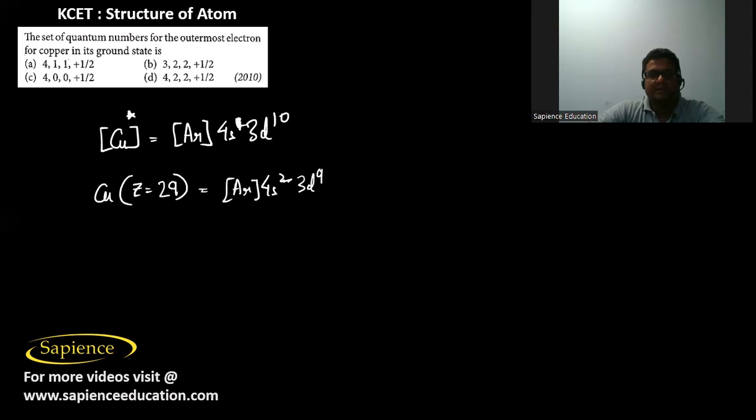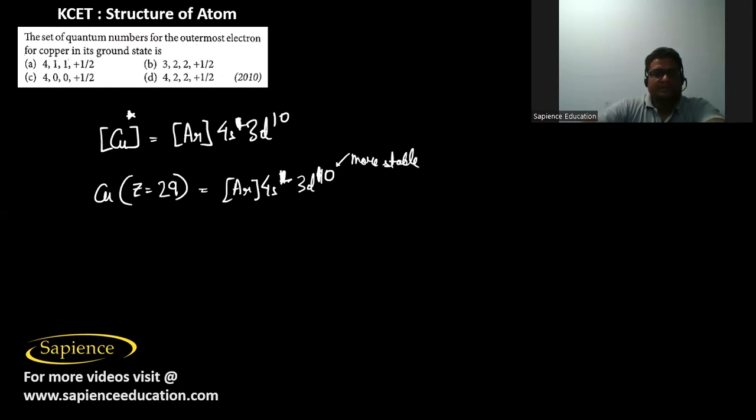But here since the d orbital is not fully filled, 4s1 3d10 will be the more stable configuration, since s is half filled and d is fully filled, so there is more stability due to exchange energy.